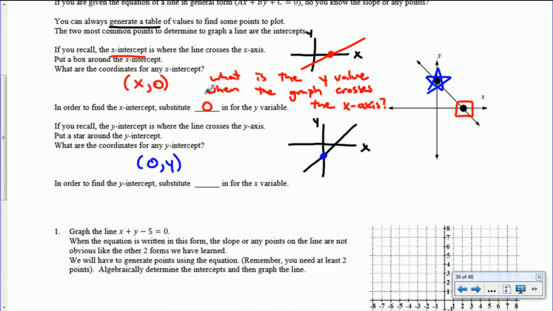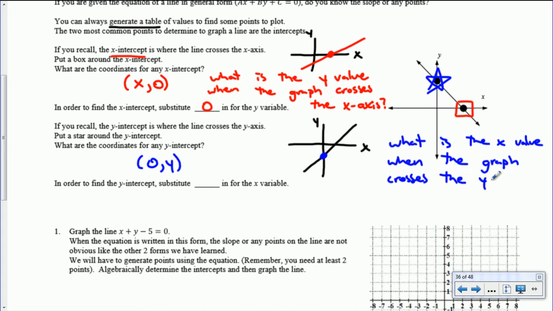So question, I guess, that corresponds to this one, what is the x value when the graph crosses the y-axis? So in order to find the y-intercept, you just substitute 0 in for the x variable.